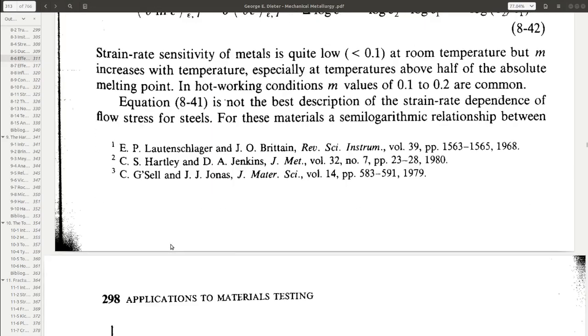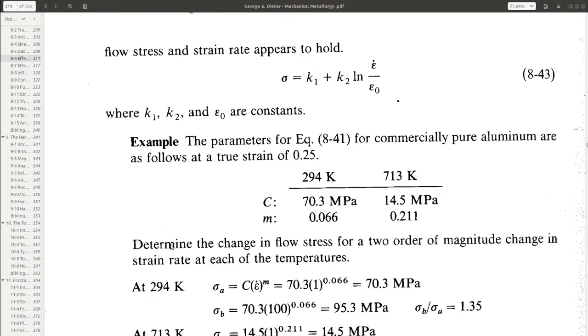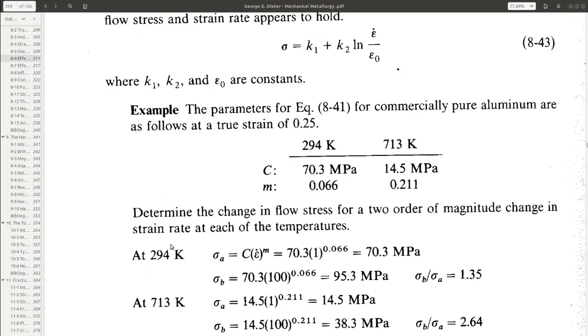Now let's see an example. In this example, pure aluminum has been considered at a particular true strain value, and for two different temperatures, one being 294 Kelvin.